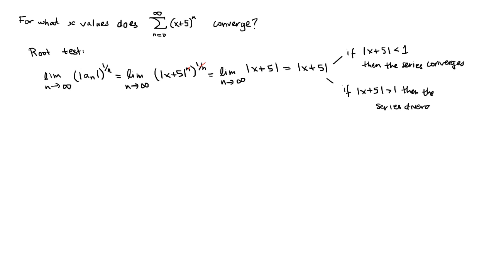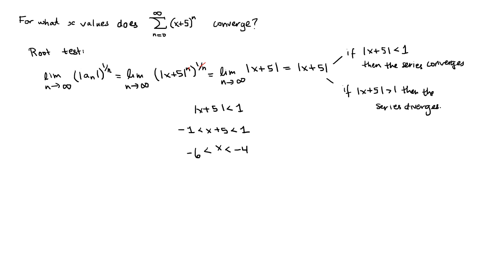So let's find where these cutoff points are. Okay, so the absolute value of x plus 5 being less than 1 means that -1 is less than x plus 5 is less than 1. So x is less than -4 and more than -6.